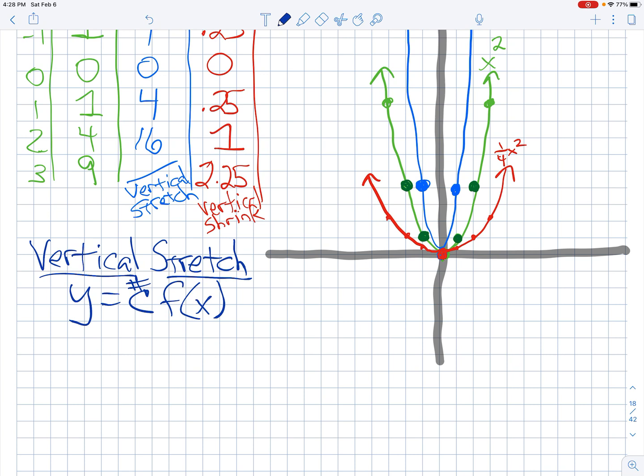And that number was 4. We multiplied by 4, and that's what got it further away.